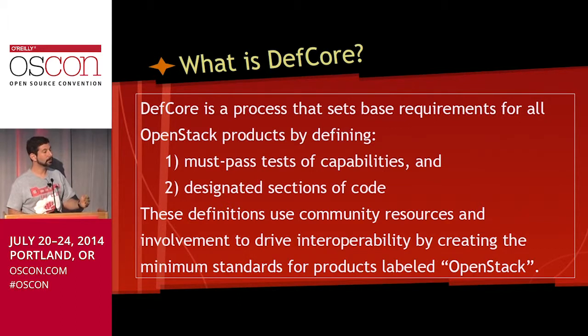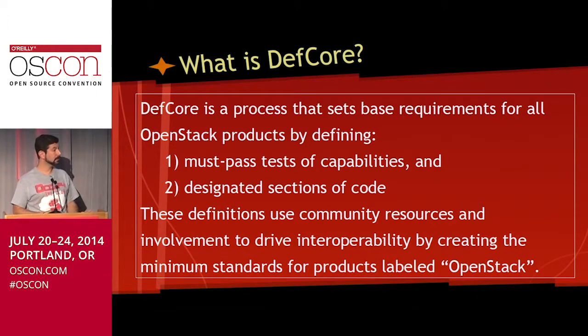And so what we've done is OpenStack products are defined by 2 important things. We're going to spend a lot of time talking about the must-pass tests and designated code. And what this does is it defines how people get involved with the community and also defines the minimum standards that people can use to have a product called OpenStack. And this is really the heart of what we're trying to do.